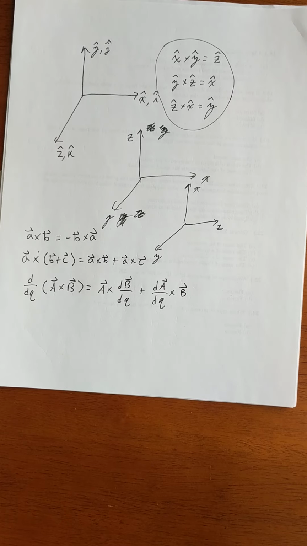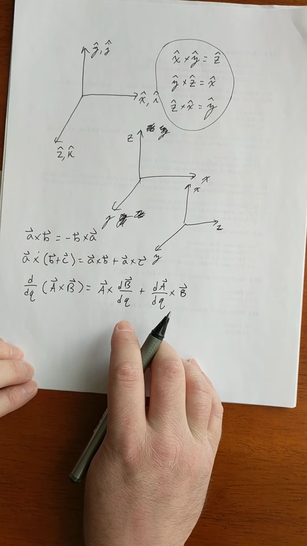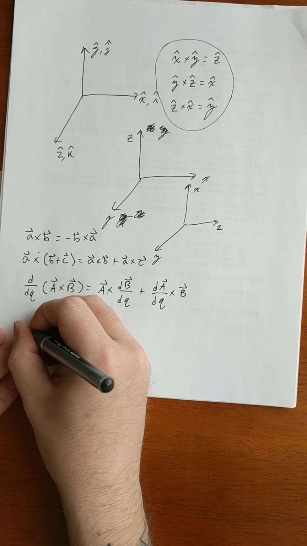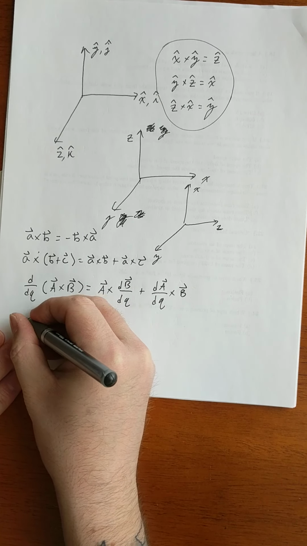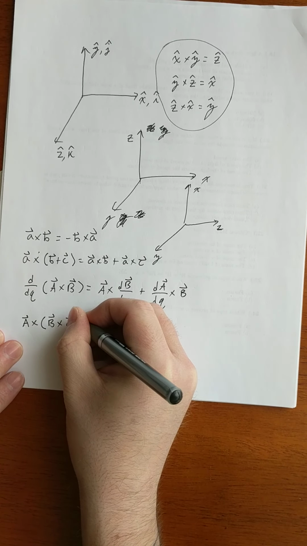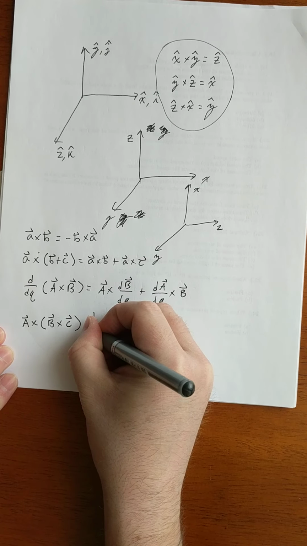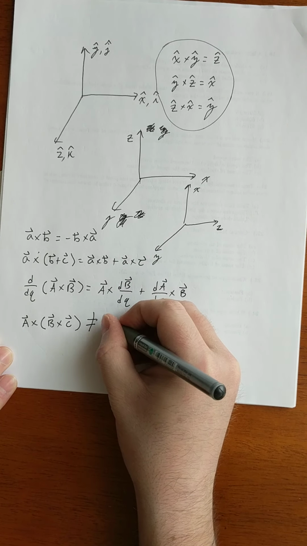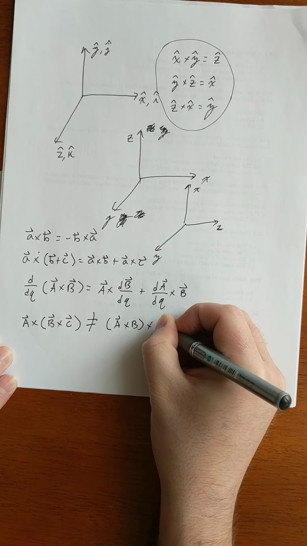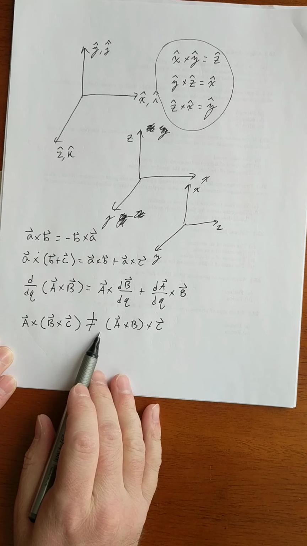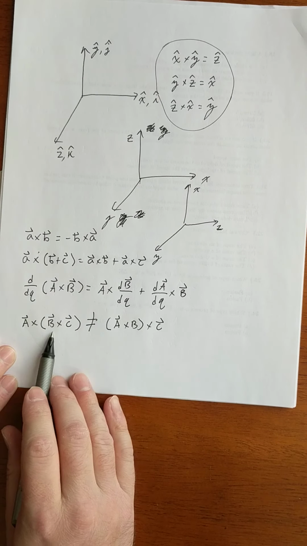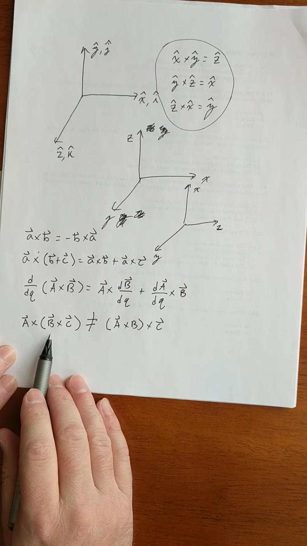One more thing that's really important to realize about the cross product is that if I have a triple cross product, which is something you run into occasionally, something like this is not equal to A cross B cross C. Those are different things. It's not associative. It matters what order you do the cross product operations in.